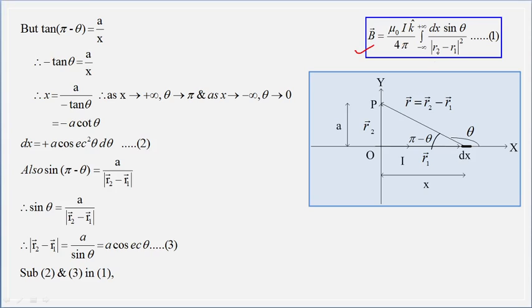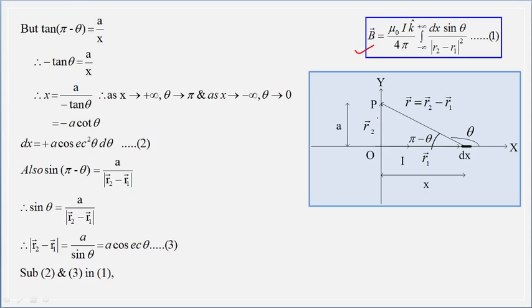Now we want to find x, dx, and modulus of vector r2 minus vector r1 in terms of theta. To find that, see here in this triangle PO dx, take tan of pi minus theta.